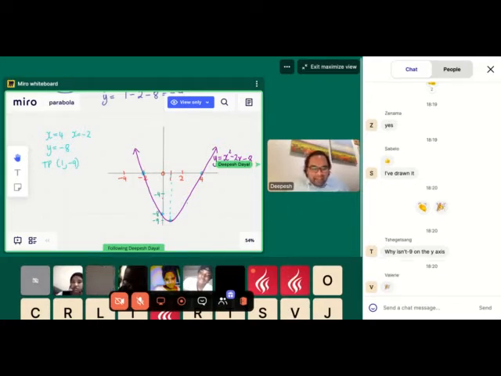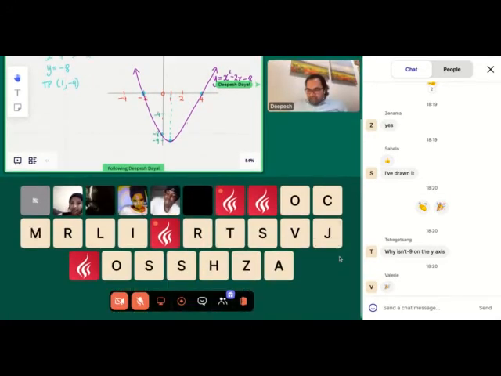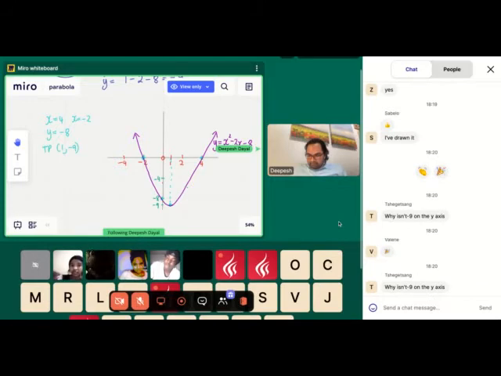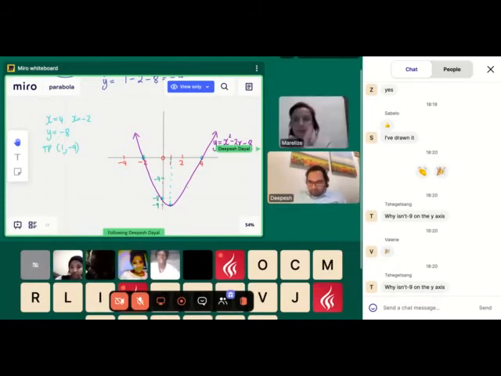Right, I see some of you are showing them to me. Great, well done. That looks great. Okay, so this is y equals x squared minus 2x minus 8. Right? Okay, so this is our second graph, and we're only doing 2 today.